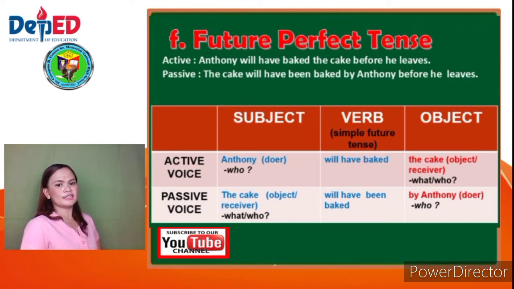This means the action is expected to be completed in the future time. In passive voice, the form of the future perfect tense should be will plus have plus been plus past participle of the main verb. Both active and passive voice in the future tense and future perfect tense don't care about whether the subject is singular or plural.